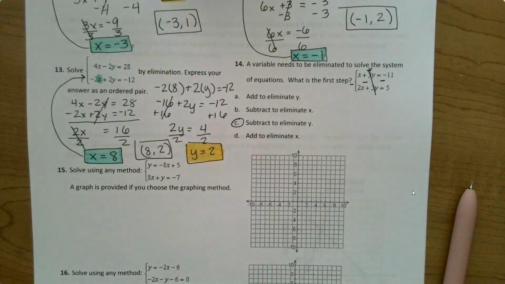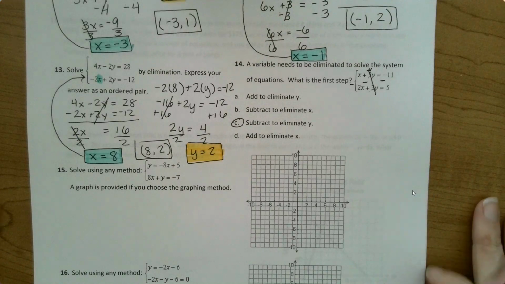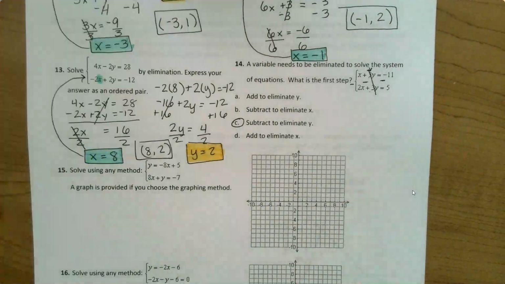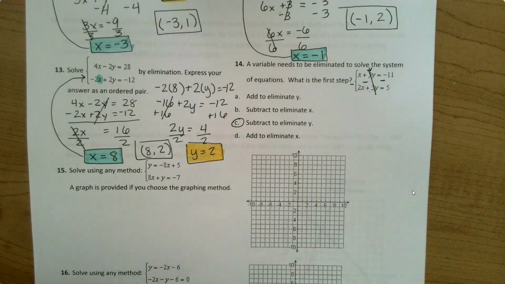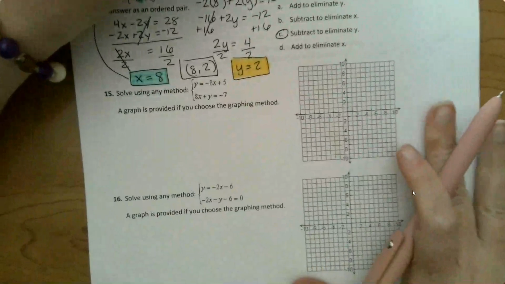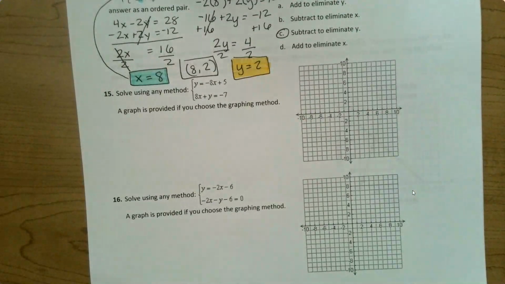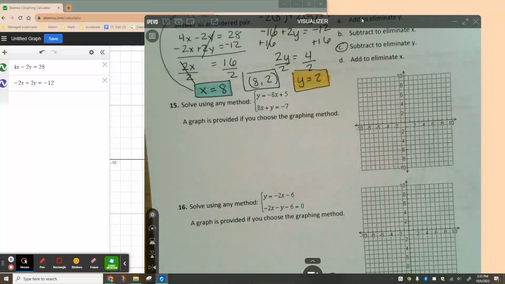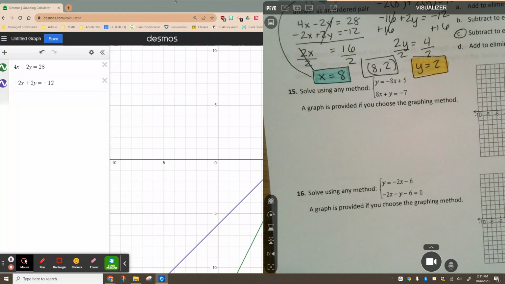All right, so let's look at 15 and 16. These say solve using any method. So you could do substitution, you could do elimination, you could do graphing. For the sake of time, because these videos get super long, I'm going to graph both of these on Desmos and give you the solution.